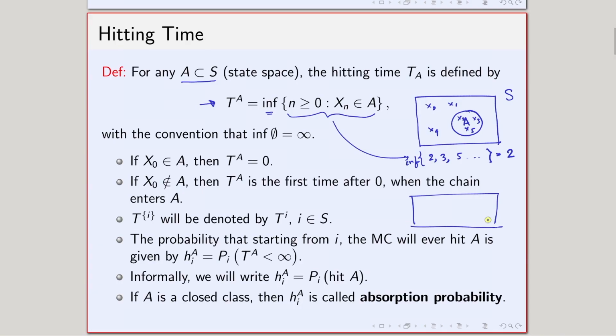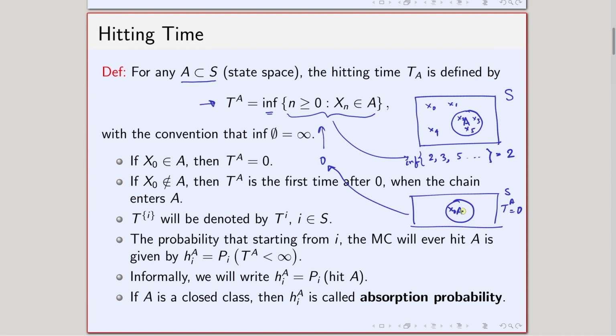And of course, if this is my A set and if X_0 is inside, then this set will contain 0 and the infimum will also be 0. So, T_A will be 0 in this case if I start from inside A, because 0 will be there and I am taking the infimum. The infimum in our case is nothing but the minimum element of the set.